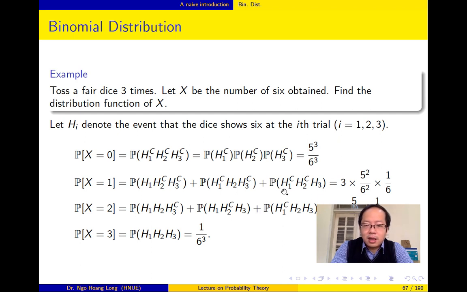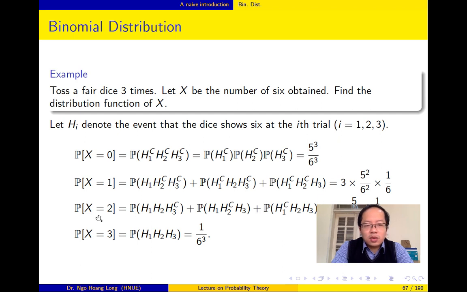And in the third case, we have a 6 at the third time. Because of the independence of H1, H2, and H3, the probability of the intersection equals the probability of each event multiplied together. And so we obtain that the probability that X equals 1 is 3 times 5 squared over 6 squared times 1 over 6.